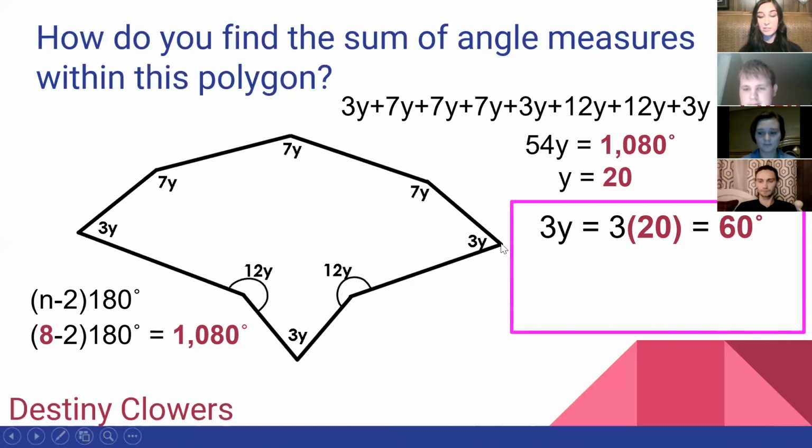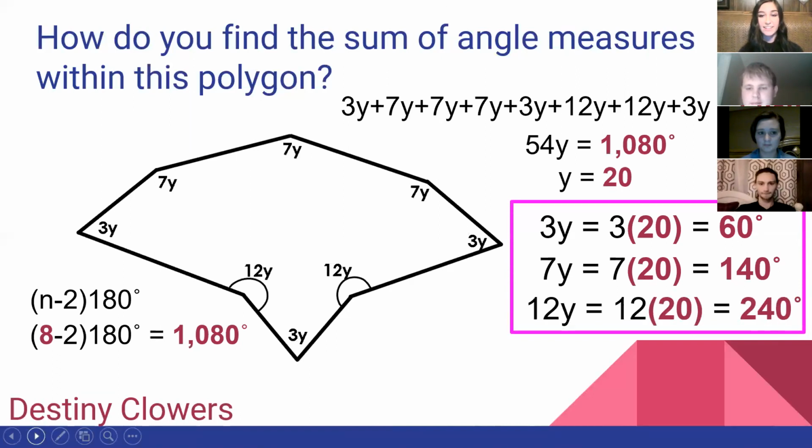So that means that each of our 3y's are going to be 60 degrees. 7y equals 7 times 20, and that'll equal 140 degrees. So each of these will equal 140. And then 12y equals 12 times 20, and that will equal 240 degrees, which are these two angles right here. So that is how you find the sum of angle measures within this polygon.